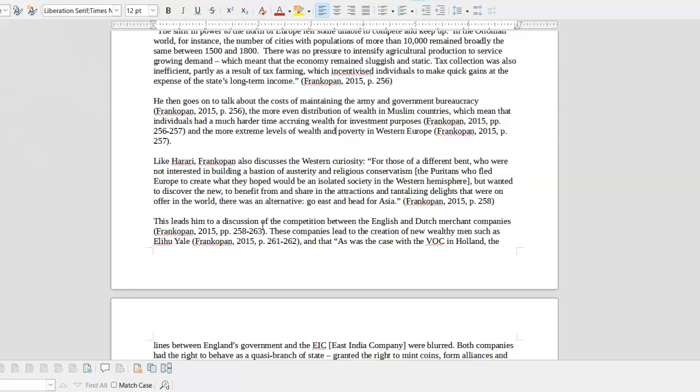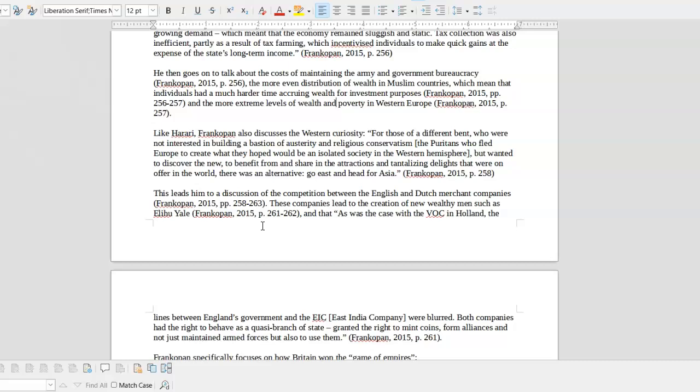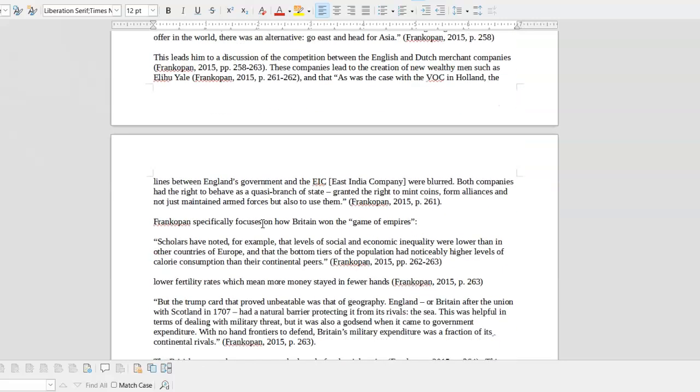And so from this point, he goes into basically a comparison of these two company structures and talks about how people could get ahead with them. And the best example he uses is Elihu Yale, who founded Yale University in what would become the United States.